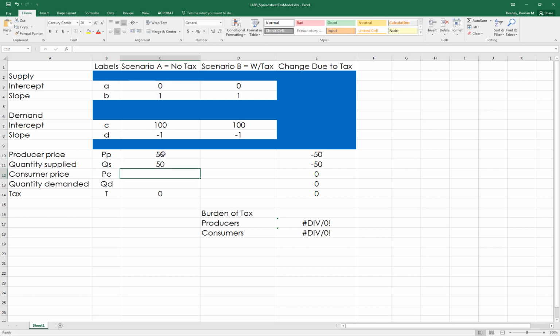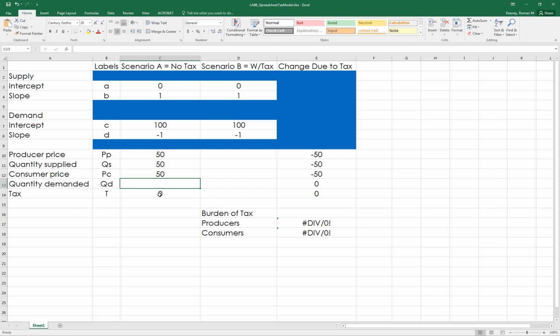We have that component. Now for the consumer price, we could do the tax incidence equation. You're welcome to do it that way. But once we know the producer price and we know the tax, we know that it's just the addition of those two, right? So it's equal to the producer price plus, down here in C14, the tax variable.